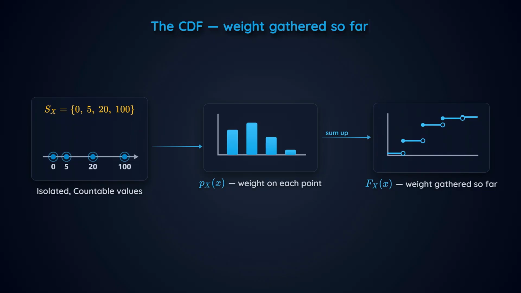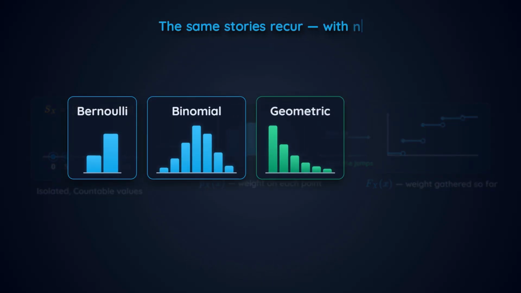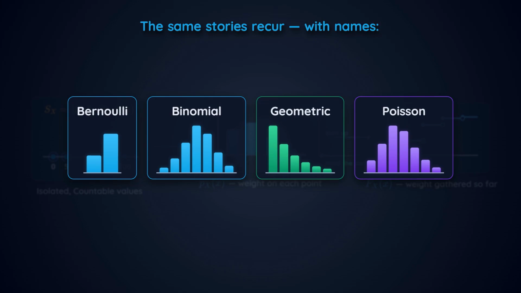Add up to go one way, read the jumps to come back. Two views, one variable, the same information. Certain stories keep recurring, counting successes, waiting for a first success, tallying rare events. They have famous names. Each is a PMF with its own shape, and each deserves its own film.